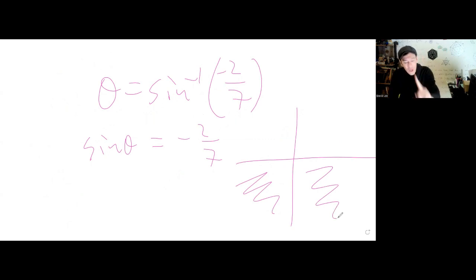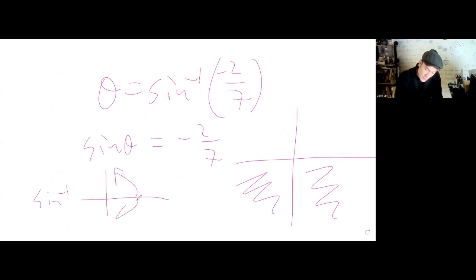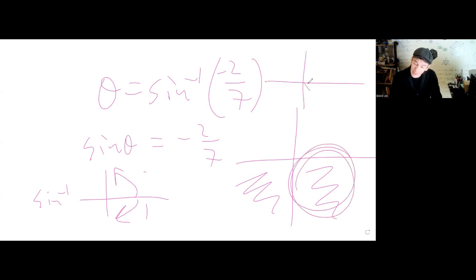But then recall your notes. Your notes said that if you have sine inverse, you're somewhere in quadrant 1 or the negative quadrant 4. That's from your notes. Sine inverse is either 1 or 4. So because sine was negative, it was options 3 or 4. But based on this discussion, you would be in quadrant 4. And it would look like this, where sine is opposite over hypotenuse. And use Pythagorean to find any missing legs.